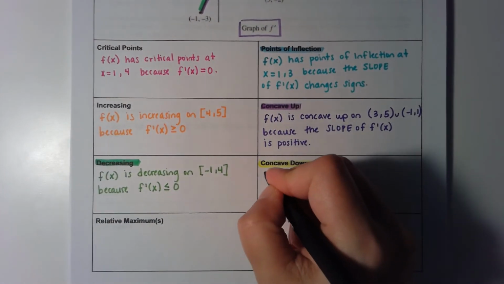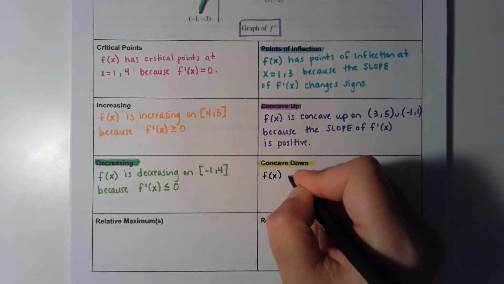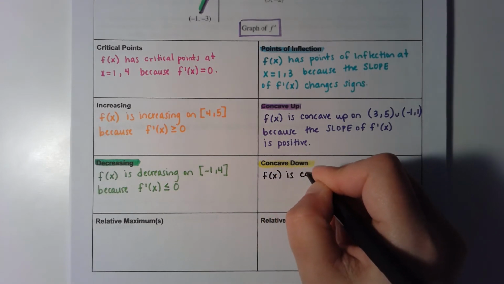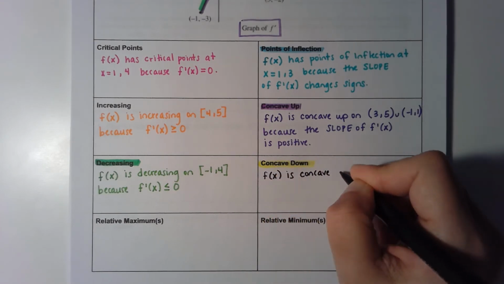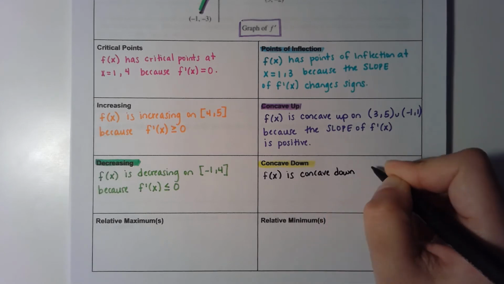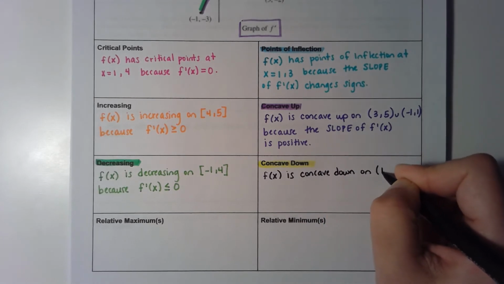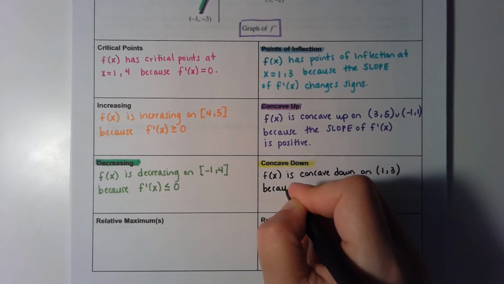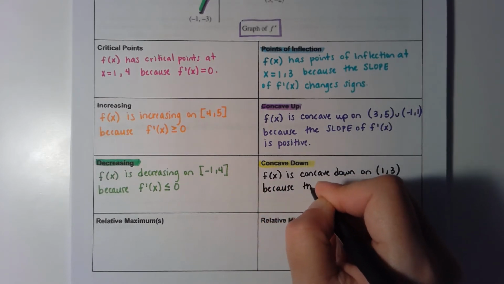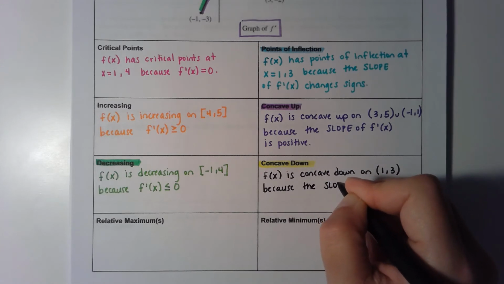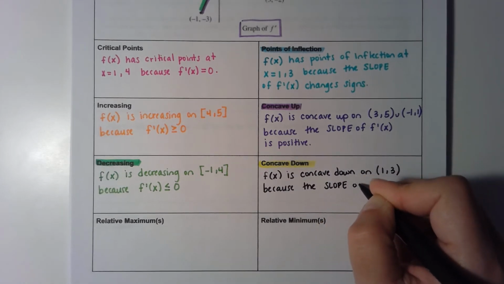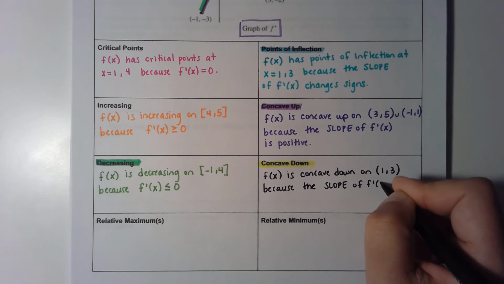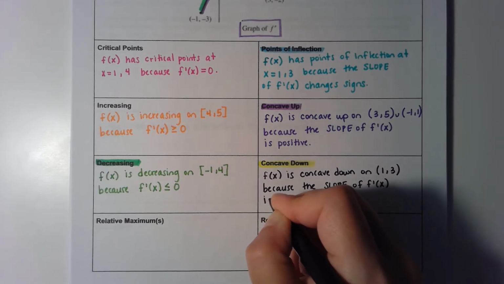So we would say that f of x is concave down on the interval from 1 to 3 because the slope of f prime of x is negative.